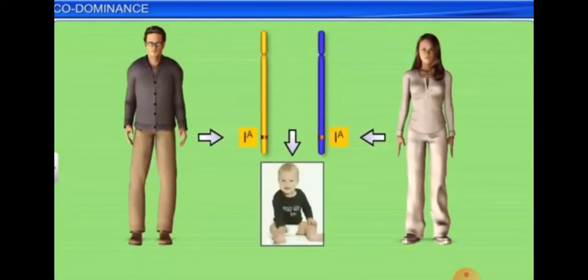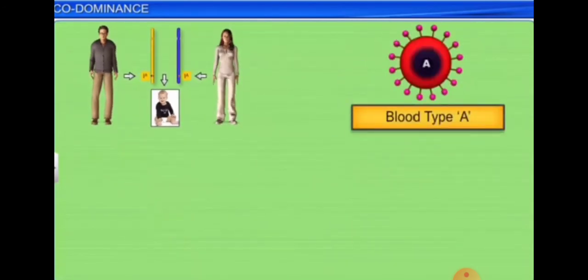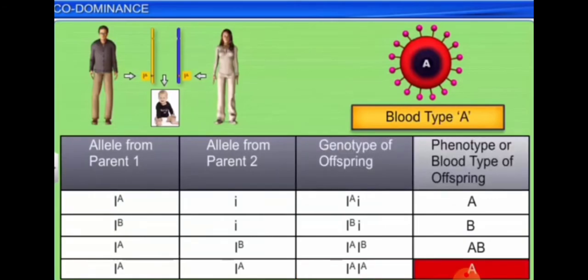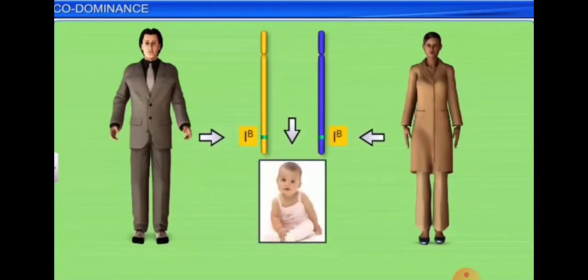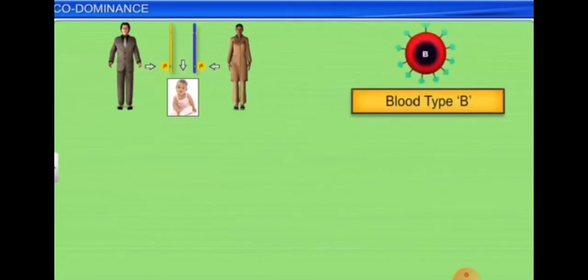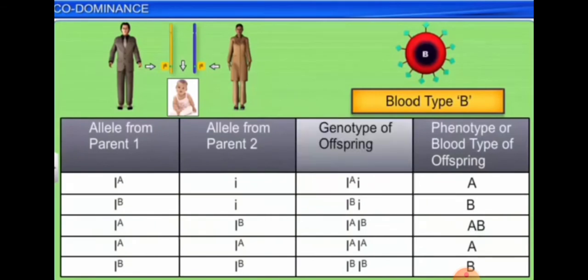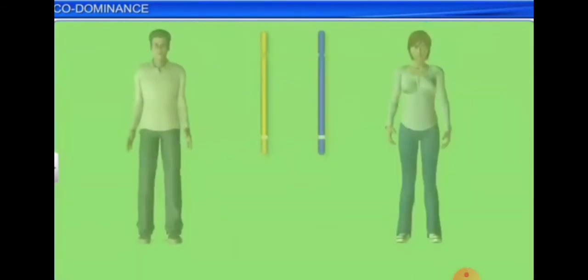Now, if the alleles from both the parents are IA, once again the RBCs have only type A sugar in them, and therefore the offspring has the genotype IA IA and phenotype A. In the same way, if the alleles from both the parents are IB, they have only type B sugar, and so the offspring will have the genotype IB IB and phenotype B.